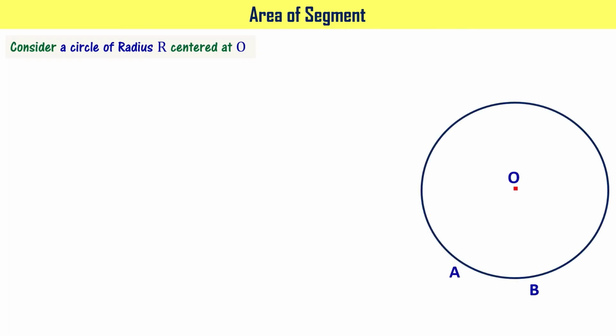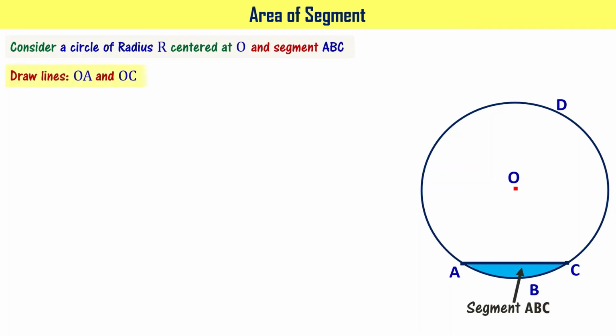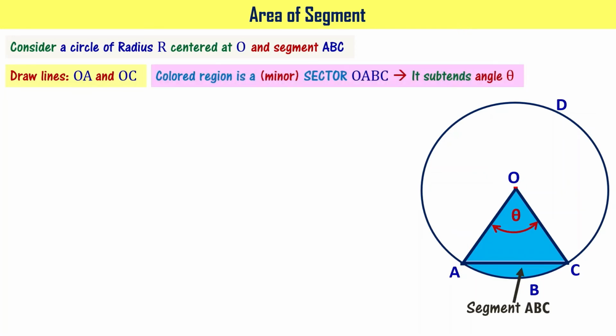Now let's learn about area of segment. Let us consider a circle of radius r centered at O as shown here, and segment ABC also. Let us draw lines OA and OC. As you see here, the colored region is a sector, that is sector OABC.